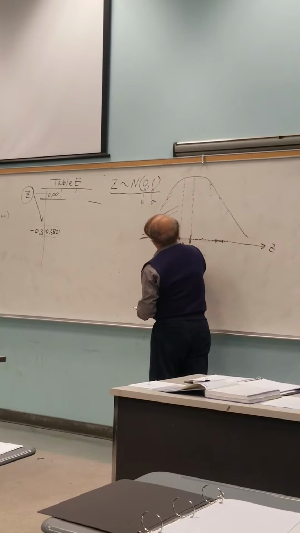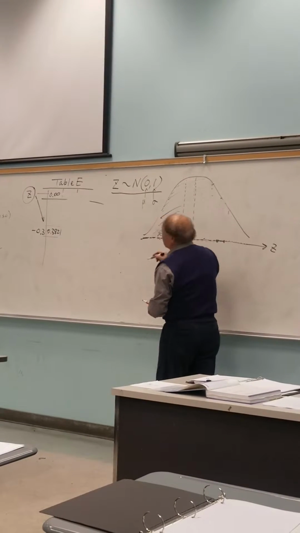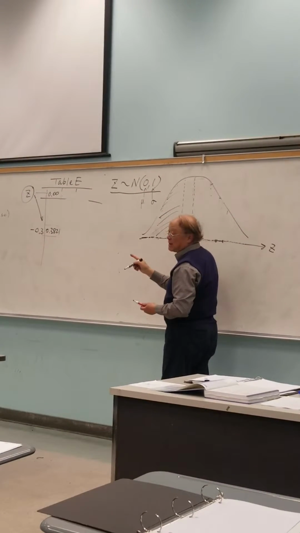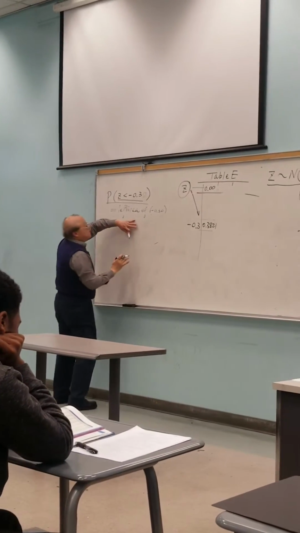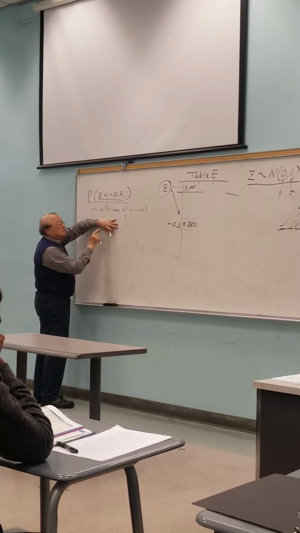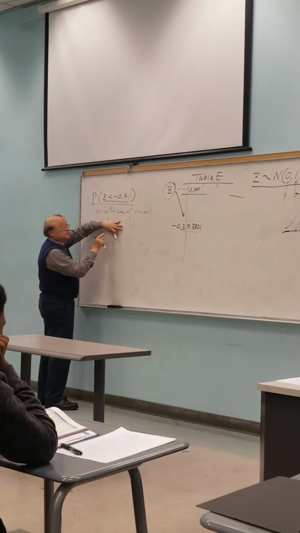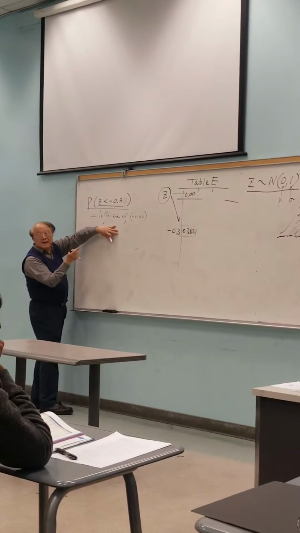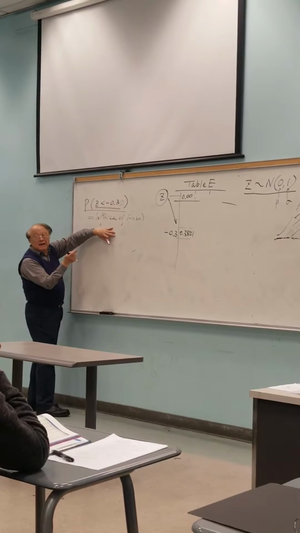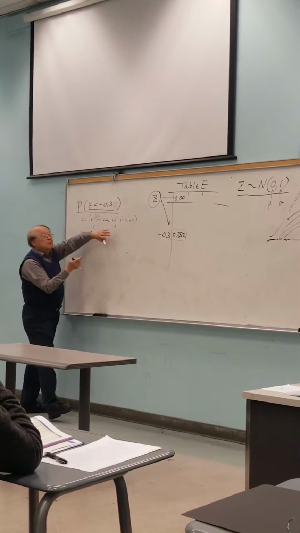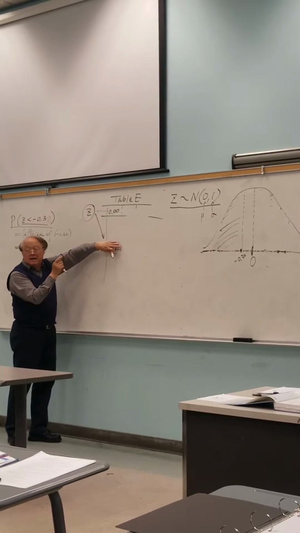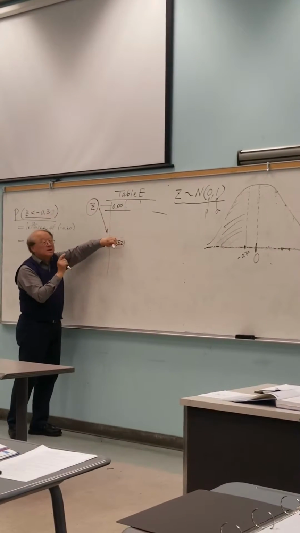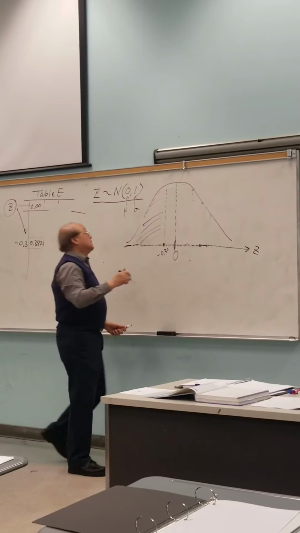Before you go to the table to find the answer, you already know the answer must be less than half, right? Do you understand why? Look at the graph.